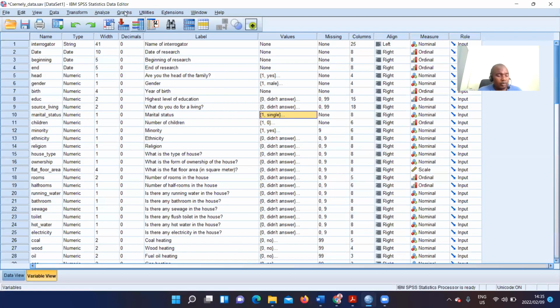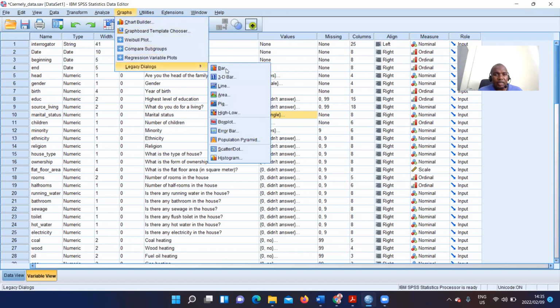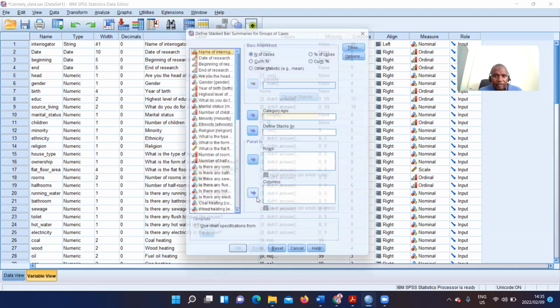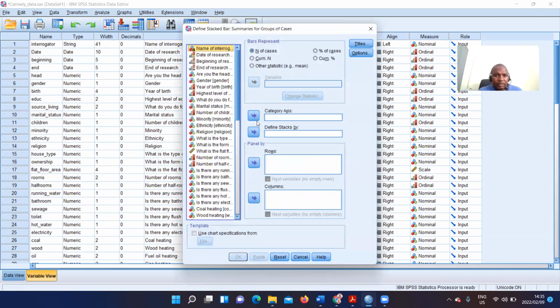We can also go to graphs, legacy dialogues, bar graphs. We go to stacked. We go to define, and then we define the category axis to be the highest level of education.